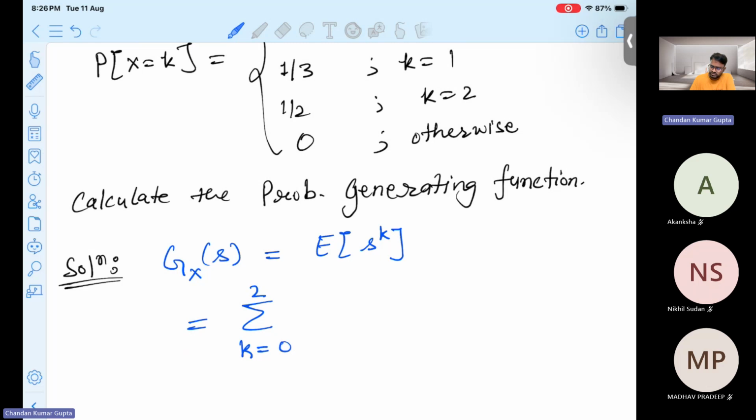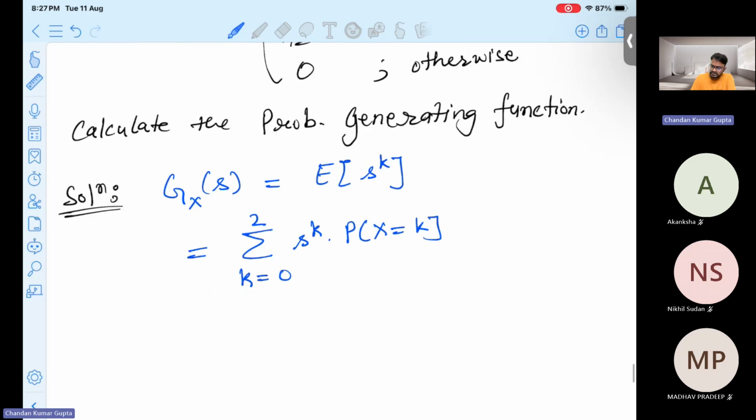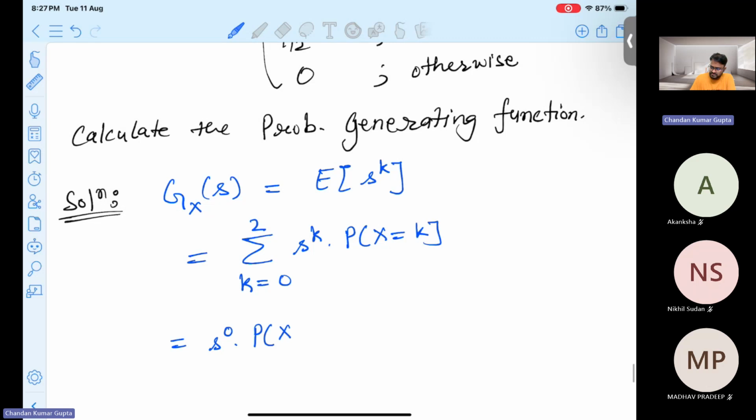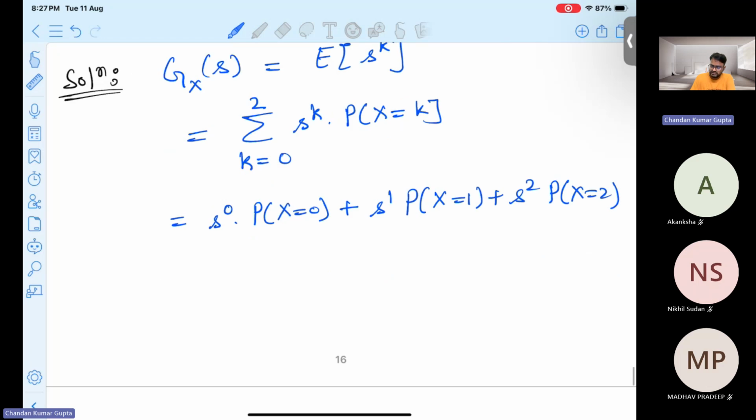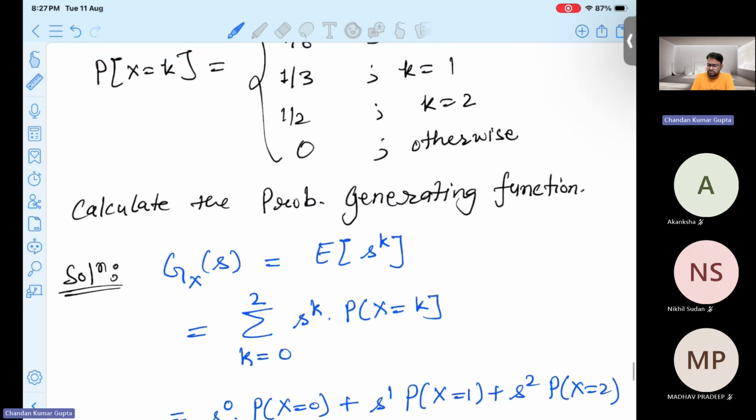So from 0 to 2, s to the power k into probability that X is equal to k. So for 0, s to the power 0 into probability that X equal to 0, plus s to the power 1 into probability that X is equal to 1, plus s to the power 2 into probability that X is equal to 2.